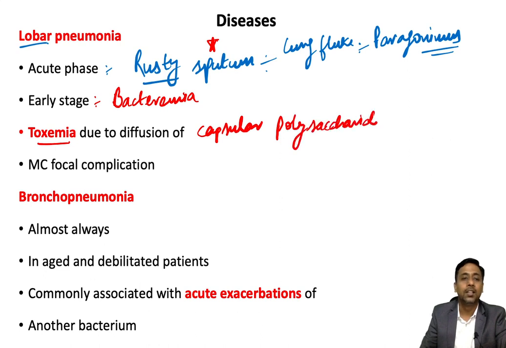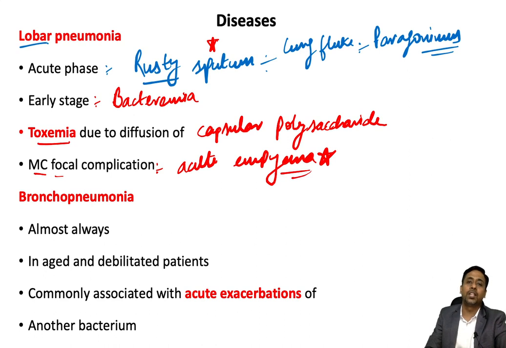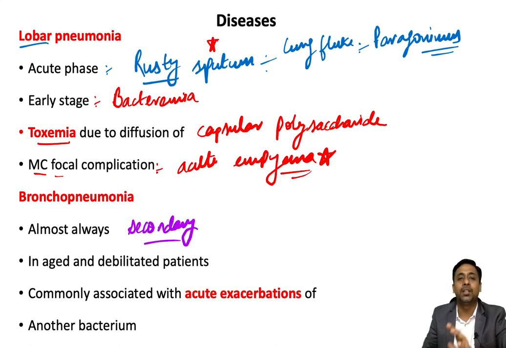Okay, and the most common focal complication seen in lobar pneumonia is acute empyema. Okay, and bronchopneumonia, it is almost always secondary. Remember this. Bronchopneumonia is almost always secondary to a primary infection somewhere else.